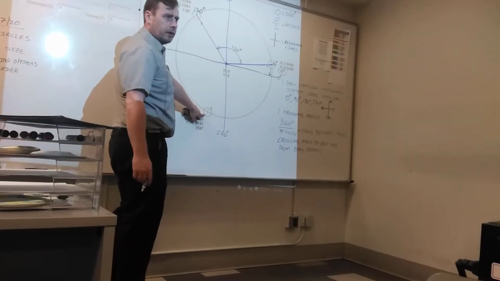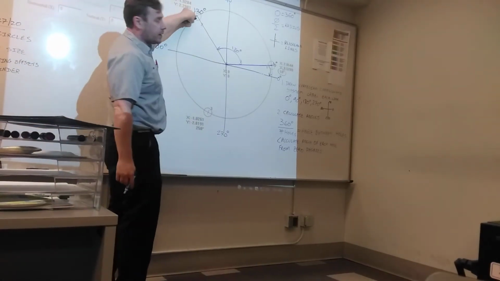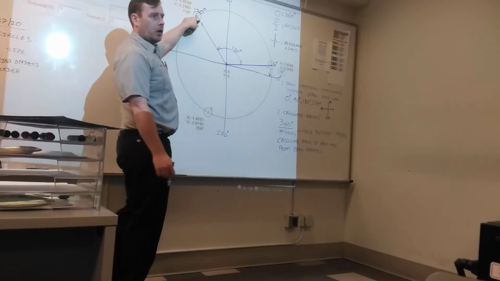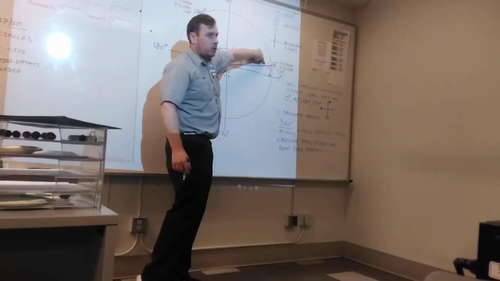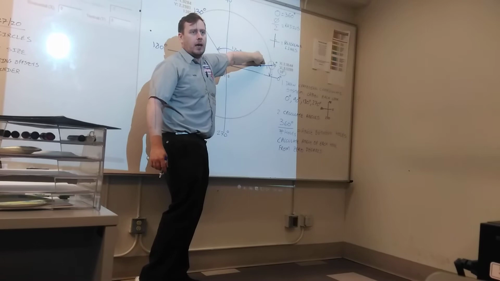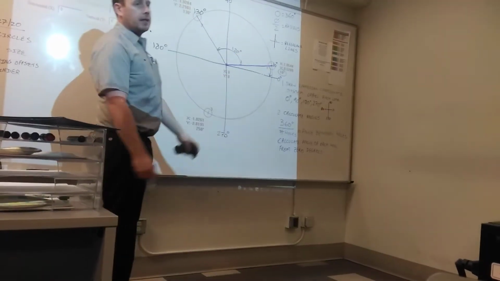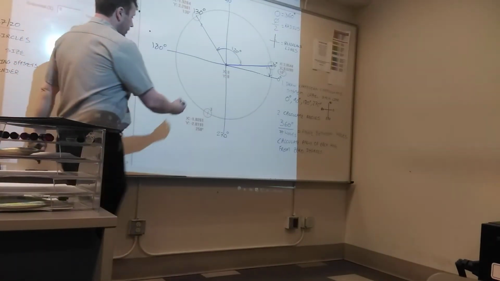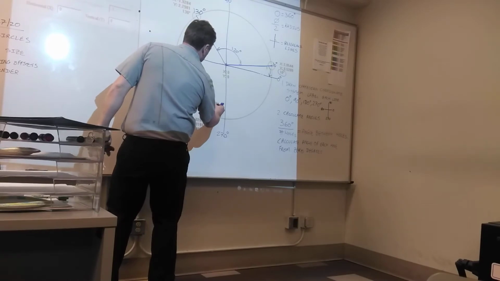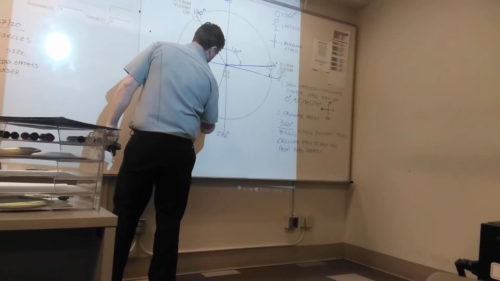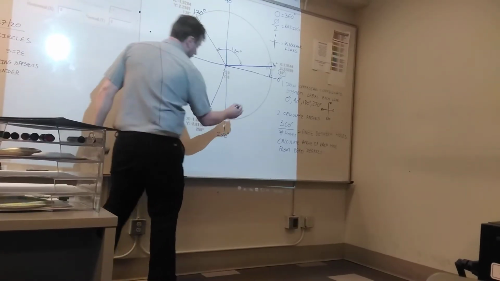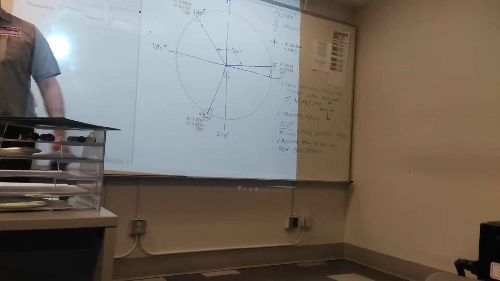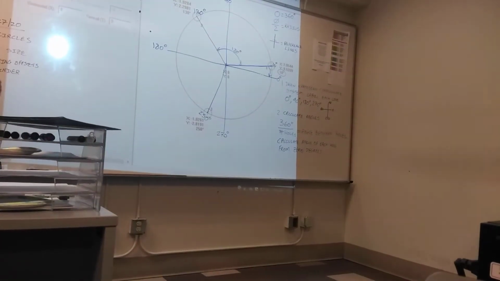Hole 3, we got 120 till we get to number 2, another 120 till we get to number 1, and then 10 to get to the 0. So how far is hole 3 from the 0? 250 degrees.